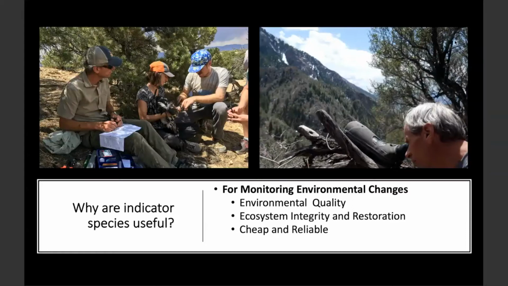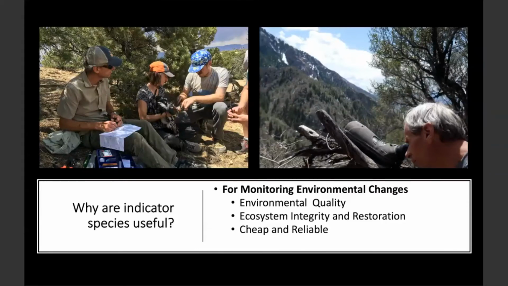The environment is a very complex system. That's like the understatement of the year, right? There's biotic and abiotic components to the ecosystem. So those abiotic components might be the soil, the air, the water, and then the biotic components might be the bugs, the birds, the mammals that live in that system.